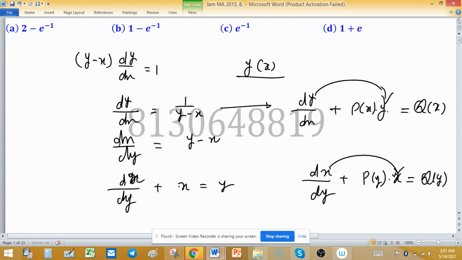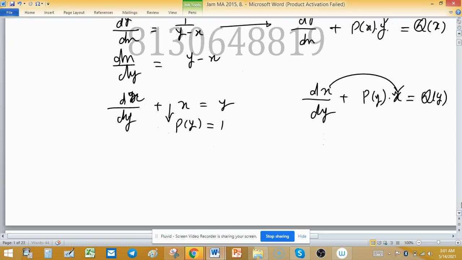So you can think that this is P(y), and the value of P(y) is nothing but 1. First we have to find the integrating factor. The integrating factor will be e raised to the power integral of 1 dy, and the value of this will be e raised to the power y.